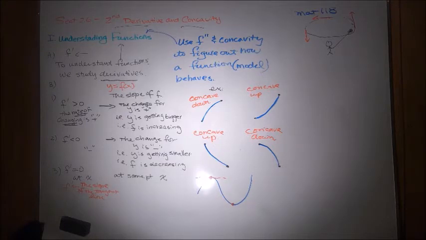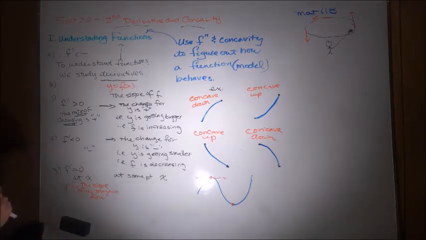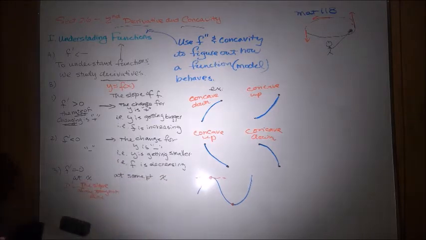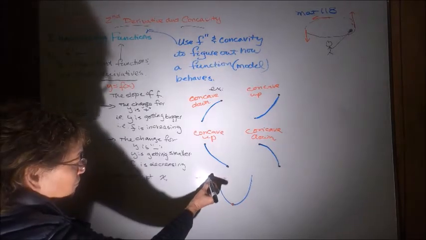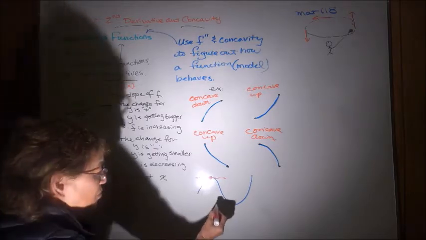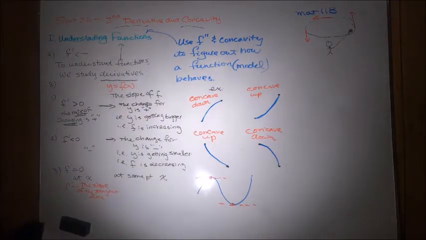So when the slope of the tangent line is 0, it means when it flies out, it will be level. If it flies out from here, it will be level like that. Then at this point, the tangent line, f prime, will be like those.